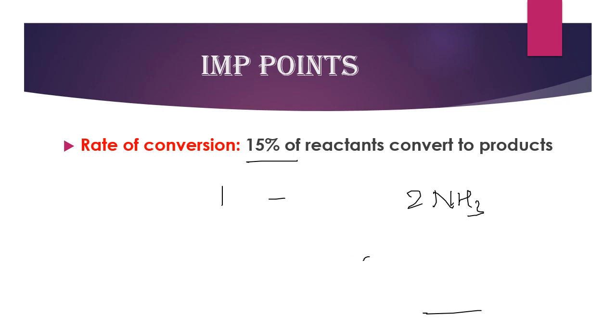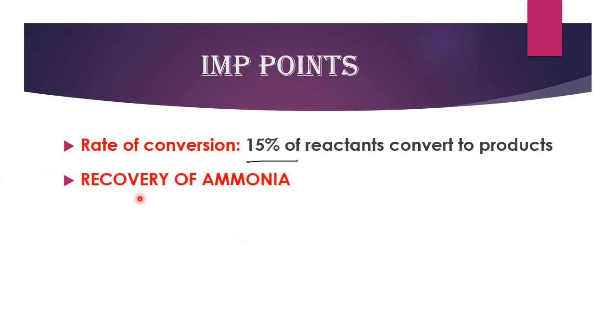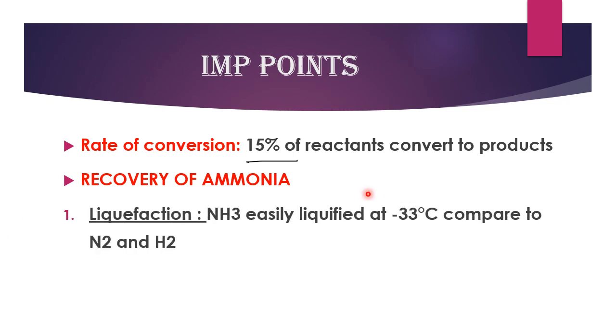So then what will we do? How do you proceed if only 15% is converted, right? So we have a technique. You have to remove the ammonia, because it is a reversible reaction. If there is ammonia, it will keep on converting back into reactants, so your yield will be less. So we do the recovery of ammonia for that purpose. One way, you liquefy it, means you convert it into liquid.